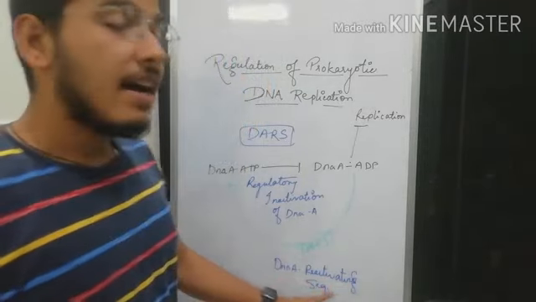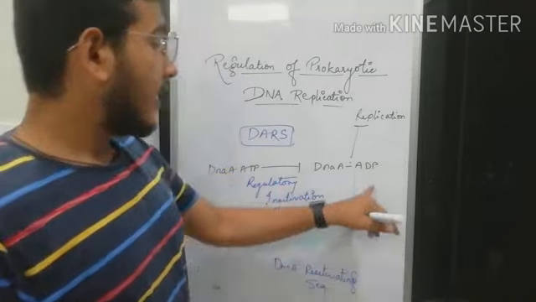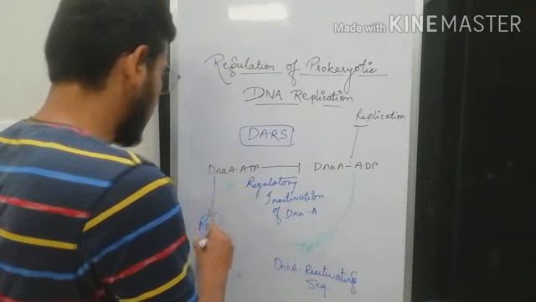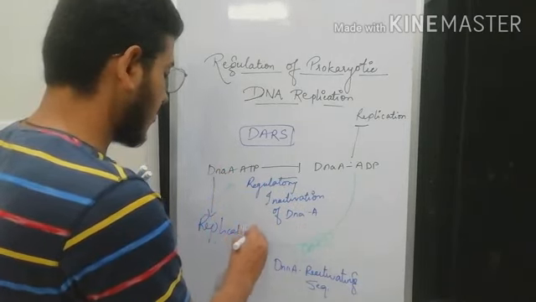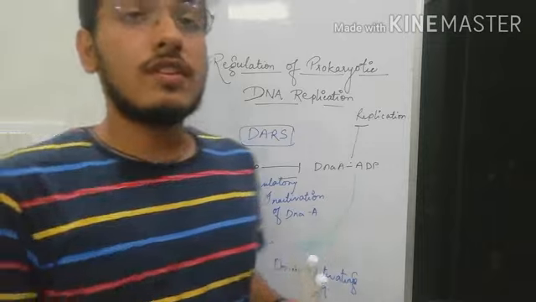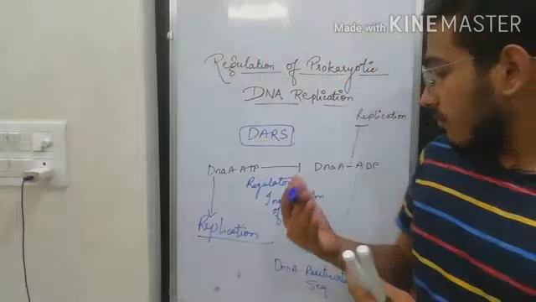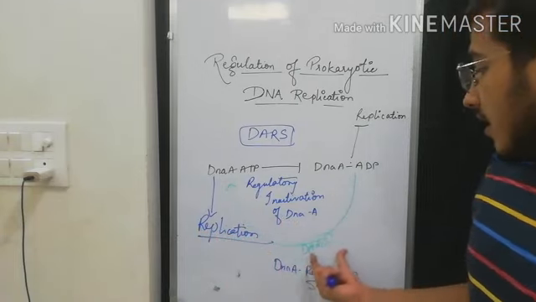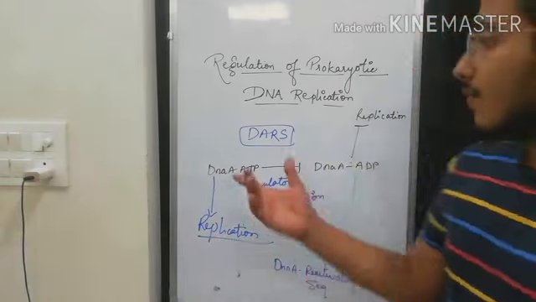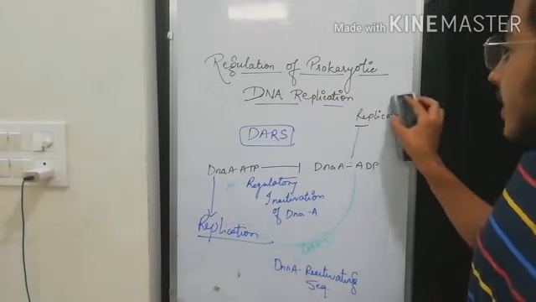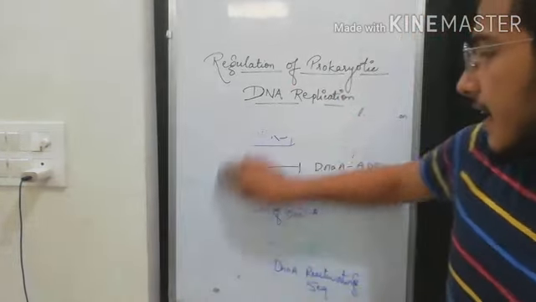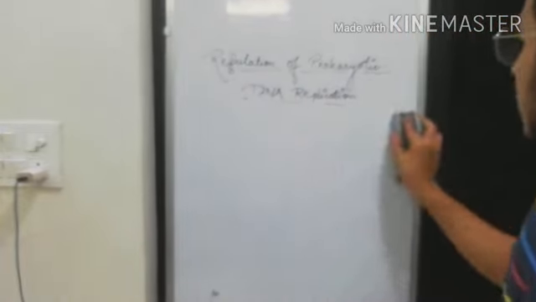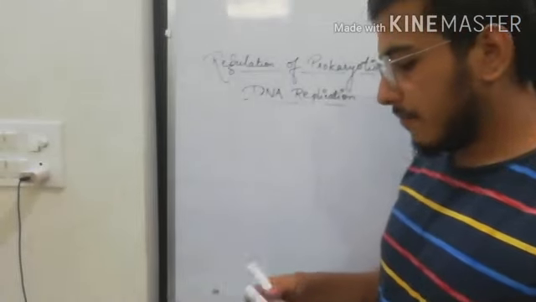So DnaA reactivating sequences will again activate this DnaA-ATP, and thus this will promote replication. So it depends on the cell when it is going to activate RIDA and when it is going to activate DARS. So this was the regulation of prokaryotic DNA replication by the DnaA-ATP complex, that was the initiation complex. Now we'll focus on oriC, that is the initiation site.